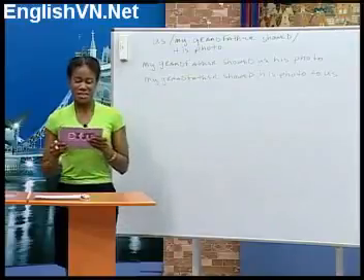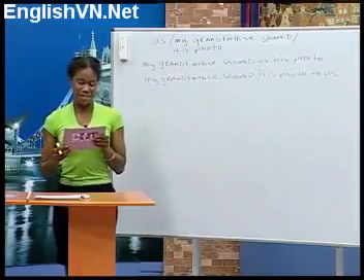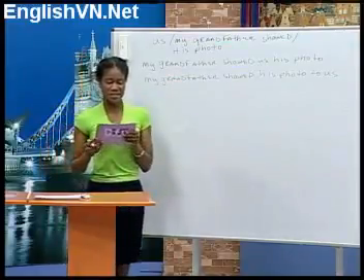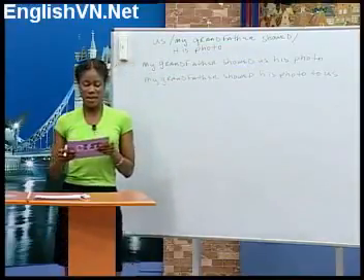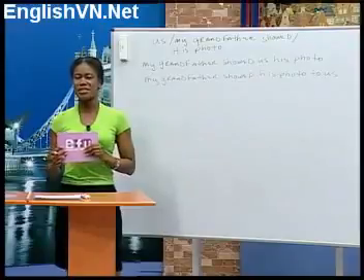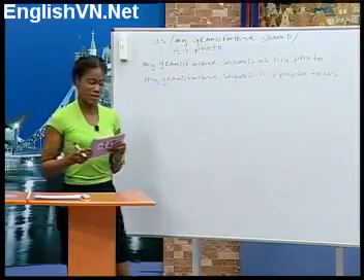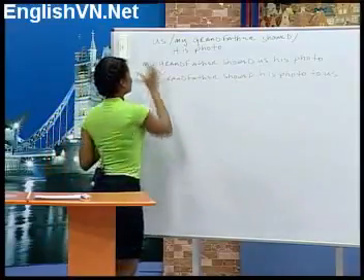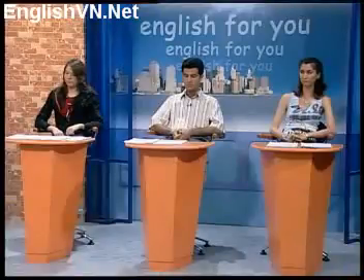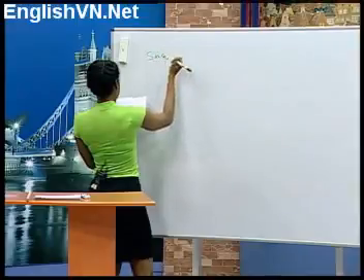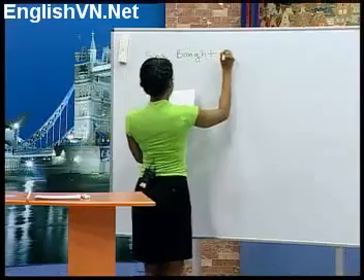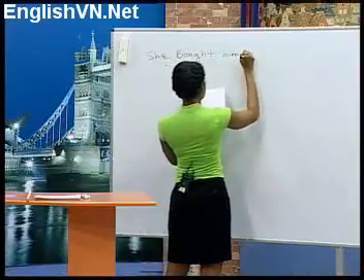Let's practice looking for direct objects and indirect objects. I will give you some sentences. I want you to tell me which is the direct object and which is the indirect object. Okay, more examples. Anna, look at the first sentence and tell me the direct object and the indirect object.